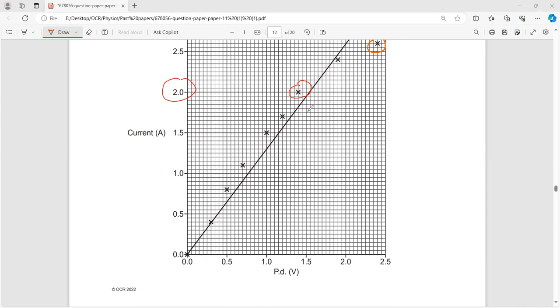We can suggest that if the temperature is increasing, for example, if the voltage difference is increasing, then the current is also increasing. If there's an increase of current, then the temperature is also increasing. And if the temperature is increasing, then the resistance is also increasing.